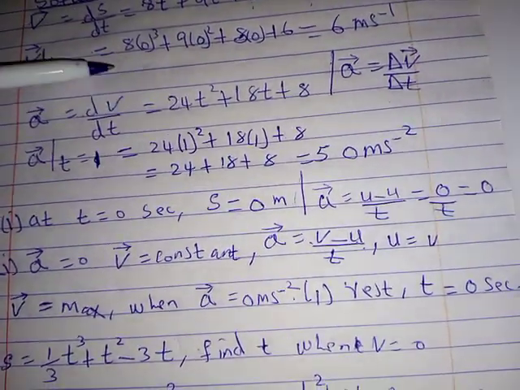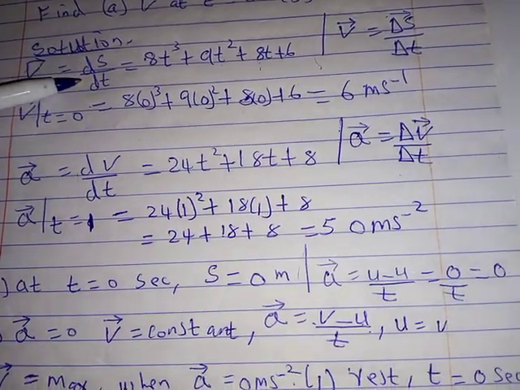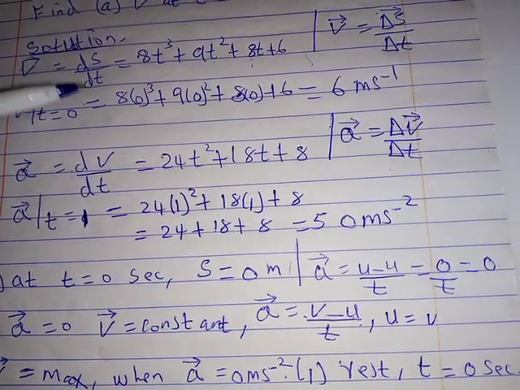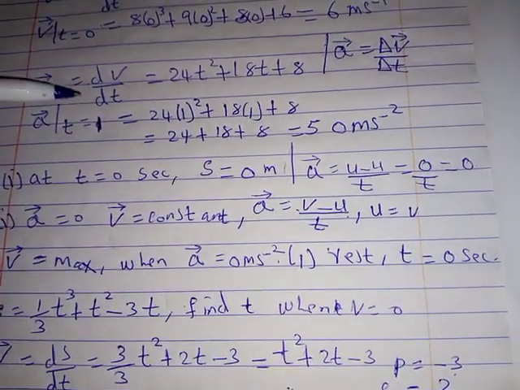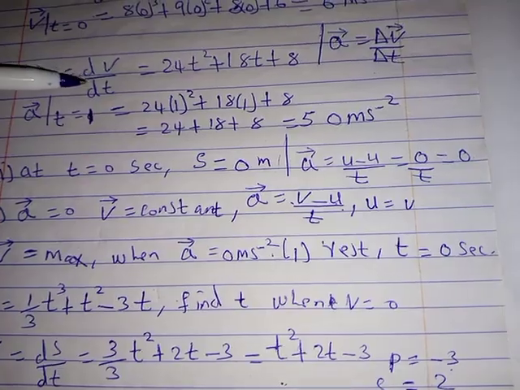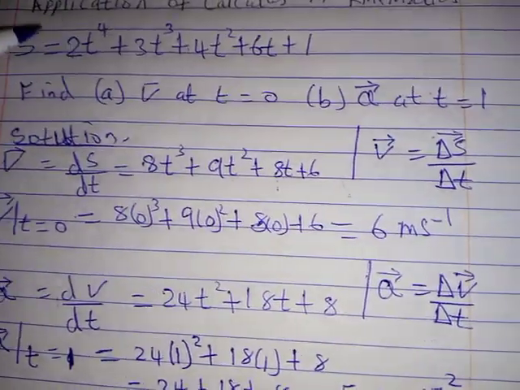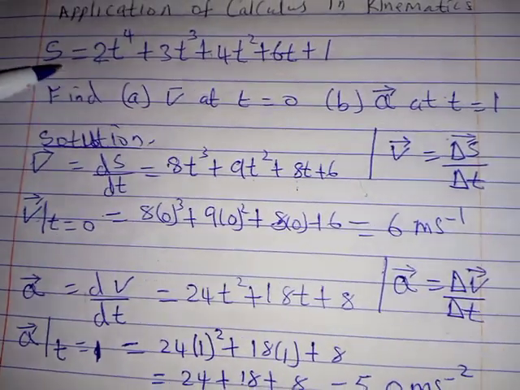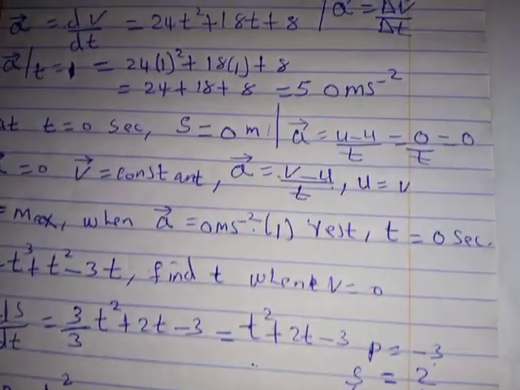Simply, to get the velocity from displacement, you differentiate displacement with respect to time. And to get the acceleration, you differentiate velocity with respect to time. In the other way, to get the acceleration from displacement, s, differentiate it twice with respect to time. And then you are going to obtain your answer.